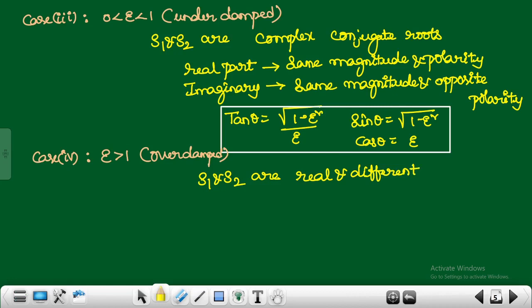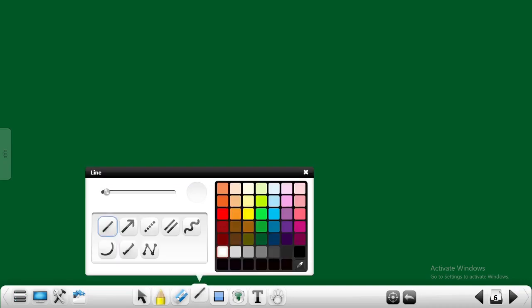With this nature, we can draw the graph of the second order system, so that you can understand very easily how the nature will be. So let us draw the graph of the second order system. I am drawing the graph here.